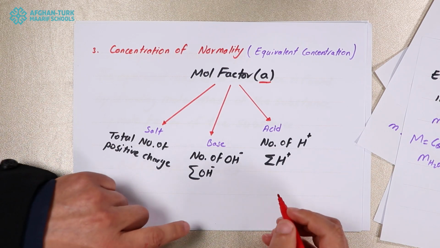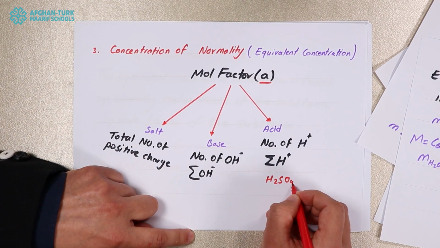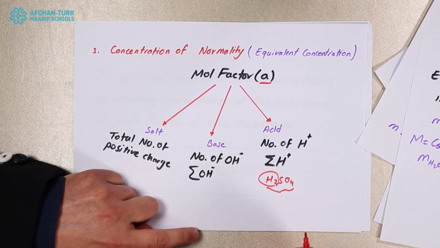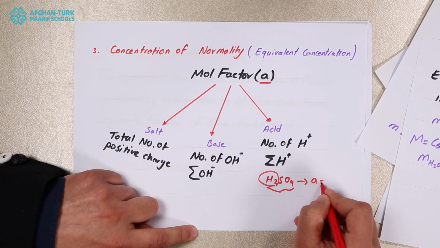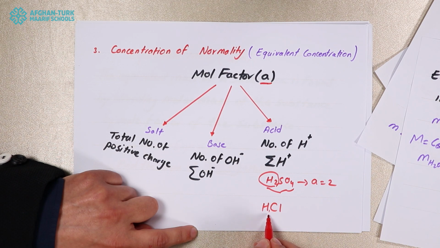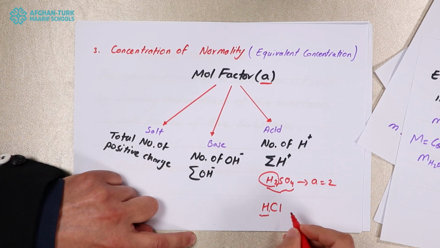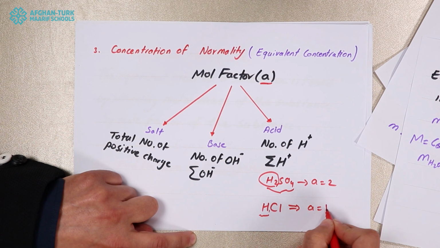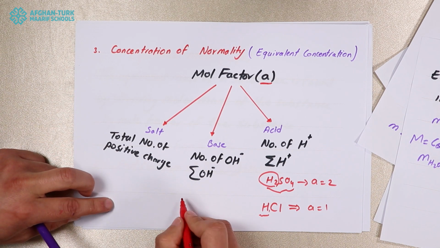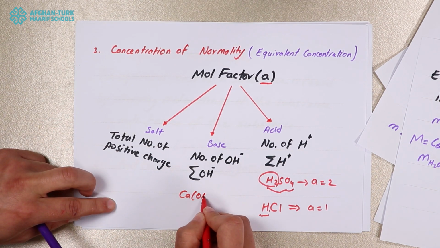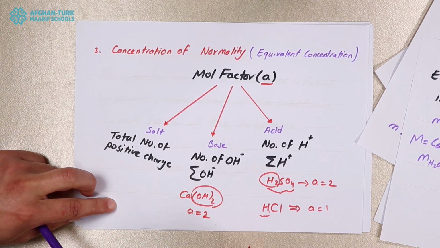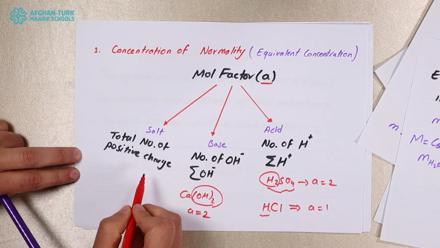For example, sulfuric acid. What is the mole factor of this compound? It is 2 because it has 2 hydrogen ions, so a is equal to 2. For HCl, how many hydrogens do we have? We have 1, so a is equal to 1. For bases, we take the number of hydroxide ions. For calcium hydroxide, how many OH do we have? 2, so a is equal to 2. For salts, the total number of positive charge or cation valence.